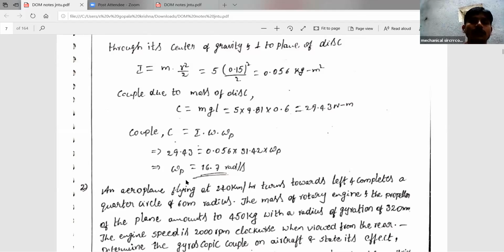So omega p, when we calculate the equation, equals 16.7 radian per second. That is our angular velocity of precession. This is one of the problems belonging to the spinning disk and spinning axis.